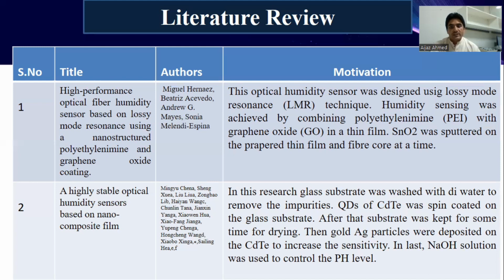Spin coating is one of the techniques of preparing coatings on different substrates. After that, the substrate was kept for some time for drying, then cooled. Ag particles were deposited on the cadmium telluride to increase the sensitivity and linearity. In the last step, sodium hydroxide solution was used to control the pH level under 10.